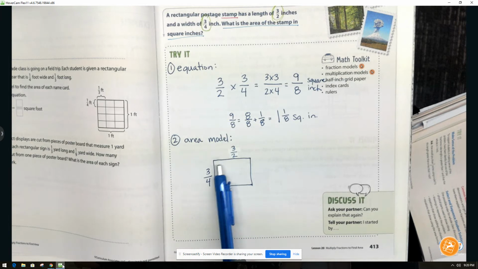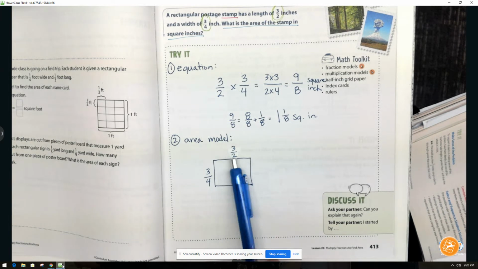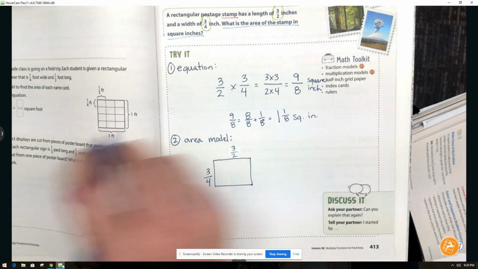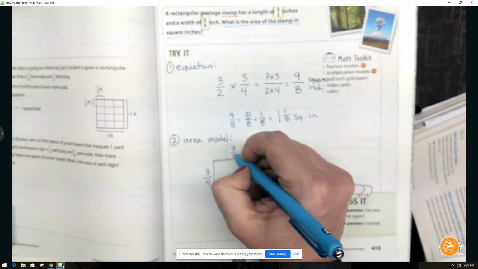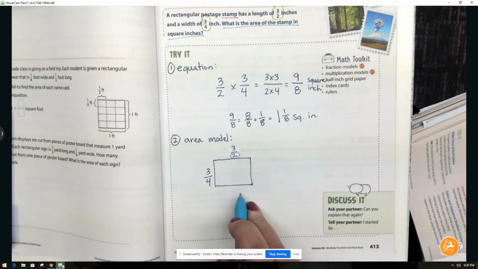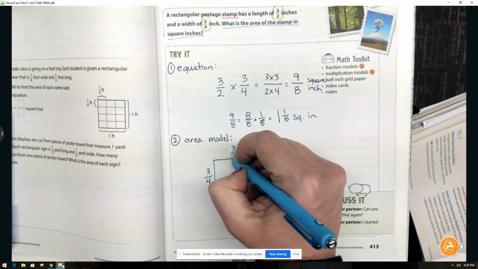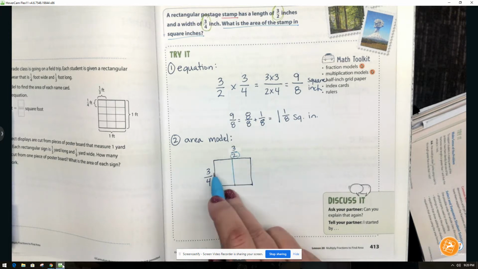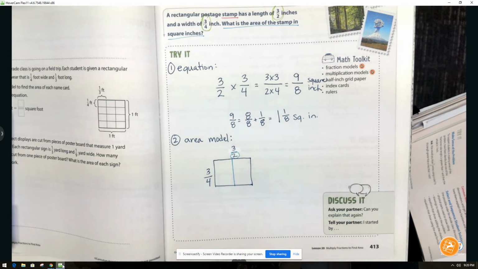Now, first, let's deal with this 3/2. So we know that the denominator tells us how many parts we need to break the whole into. We need to break it into 2 parts. Then the numerator tells us how many parts we need to shade in. So we need to shade in 3 parts. Well, we've got 1 part to shade in and another part to shade in, but we don't have another part to shade in.